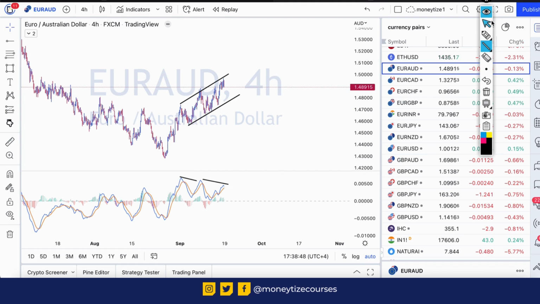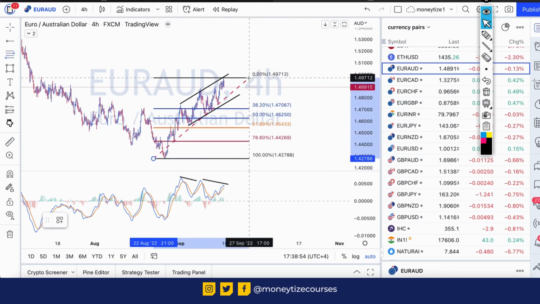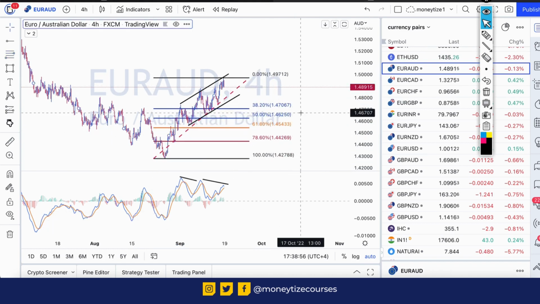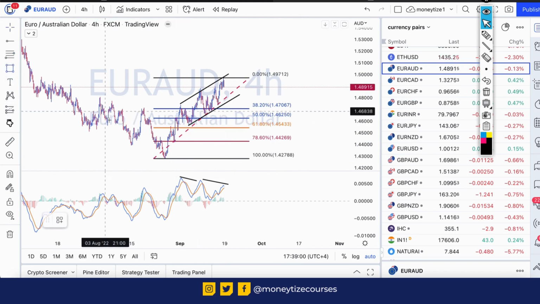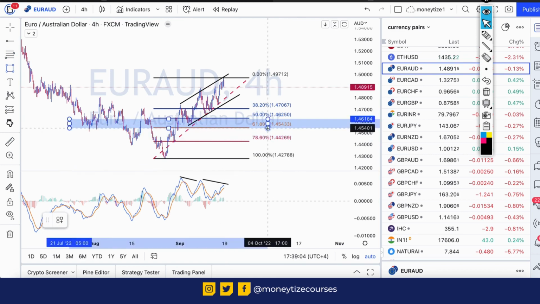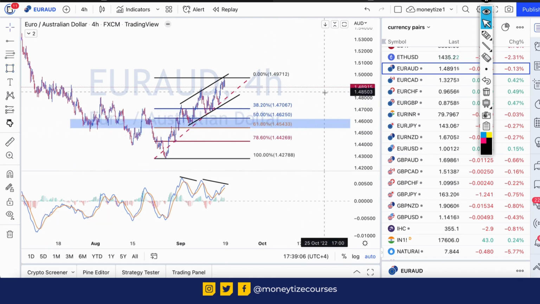So if we mark the fib from the recent low, assuming this is the recent high, so we can target, yes, this area just for the short term.